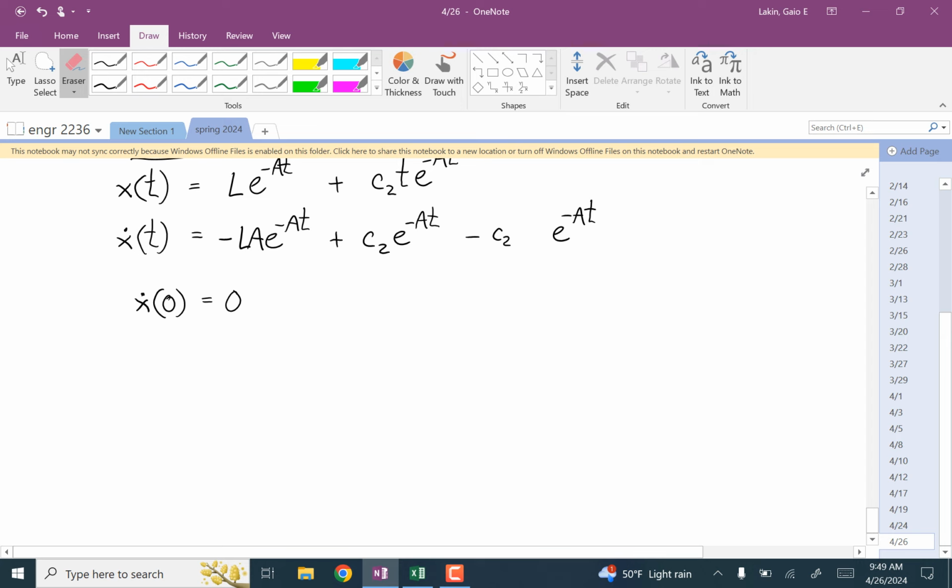Plug in t equals 0, and you get negative LA times e to the 0 plus C2 times e to the 0 plus 0 is equal to 0. And so C2 is equal to LA.